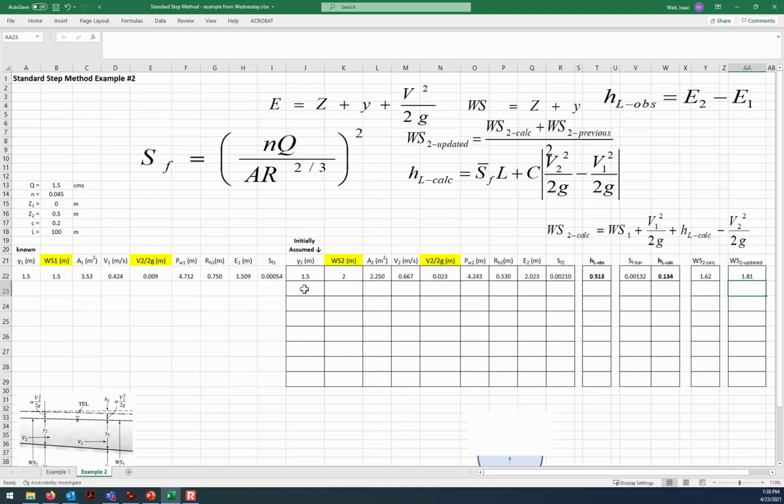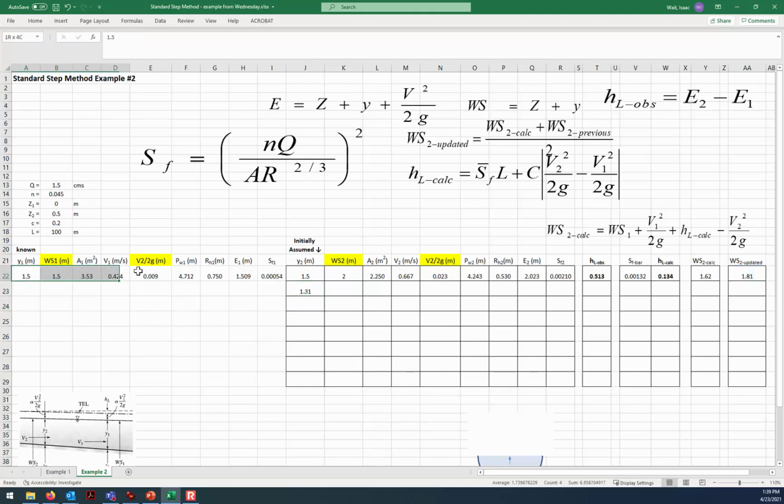Now you remember that our new guess of the depth is going to be based on this minus the delta z. So this is the previous value minus the delta z at 2.